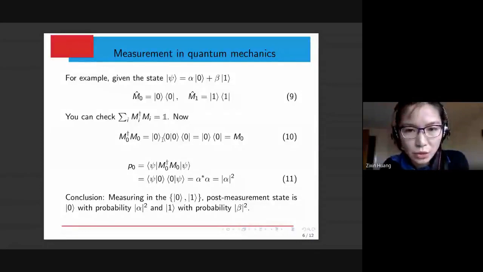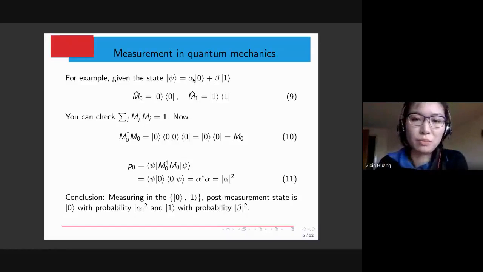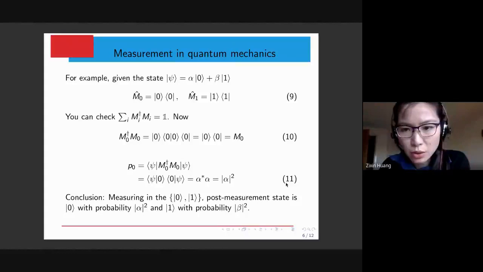So this is as you would expect, because if I have a state that's in alpha 0 plus beta 1, then of course measuring the portion of it that's in 0 will just give you alpha squared. So this just formalizes it a little bit more. So yeah, equation 11 there was just what I did on the board.